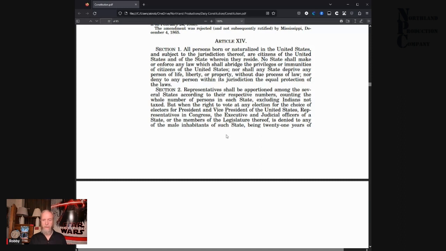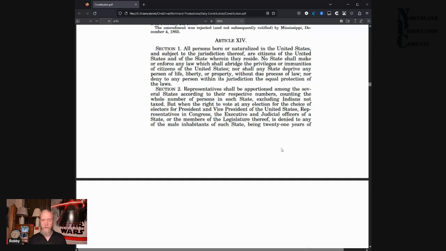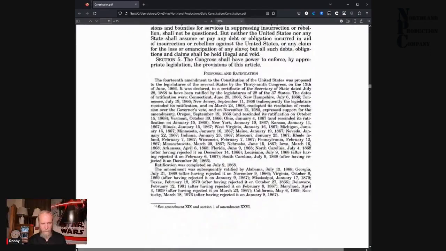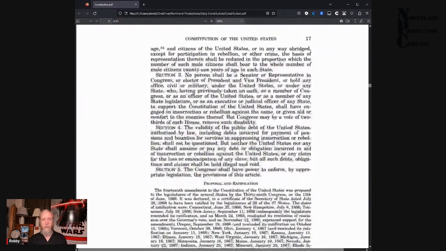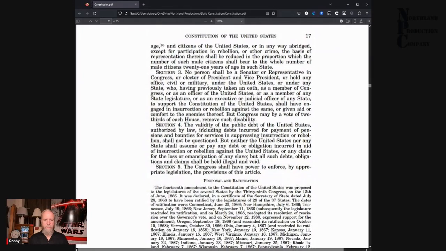But when the right to vote at any election for the choice of electors for President and Vice President of the United States, representatives in Congress, the executive and judicial officers of a state, or the members of the legislature thereof, is denied to any of the male inhabitants of such state, being 21 years of age, and we have a footnote: see Amendment 19, and Section 1 of Amendment 26, and citizens of the United States, or in any way abridged except for participation in rebellion or other crime, the basis of representation therein shall be reduced in the proportion which the number of such male citizens shall bear to the whole number of male citizens 21 years of age in such state. So you had to be 21 years of age and male to vote when this passed.